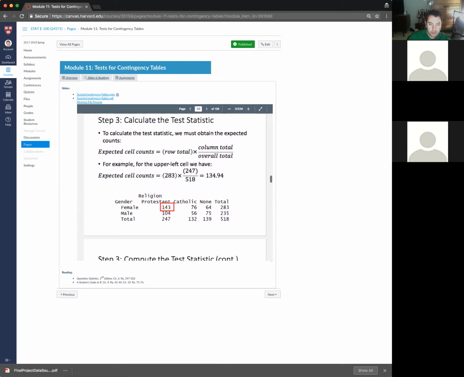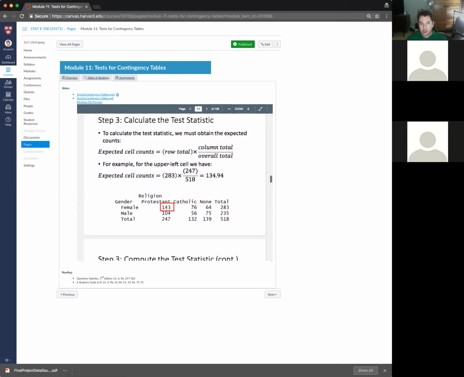Sorry, I'm taking 283 times 132 divided by 518. And I got 72. So we expect there to be 72 female Catholics, and we observe 76.